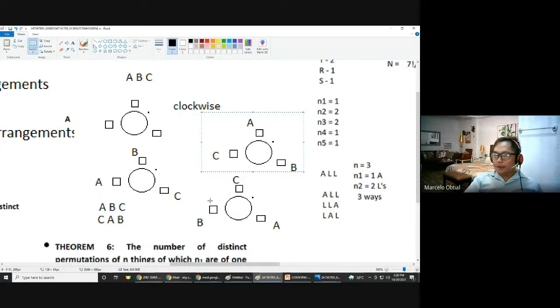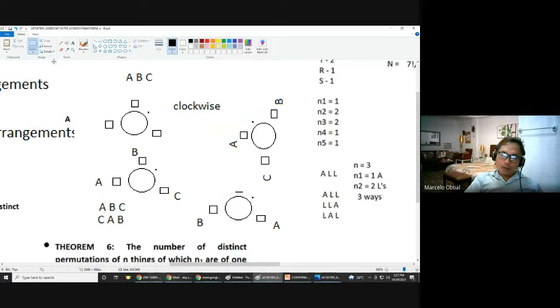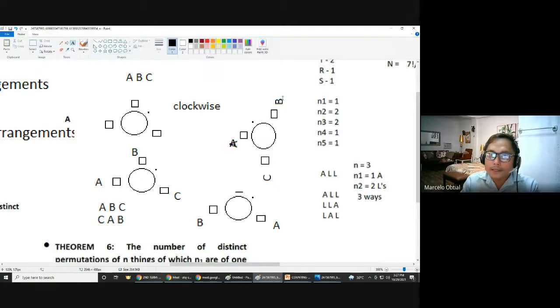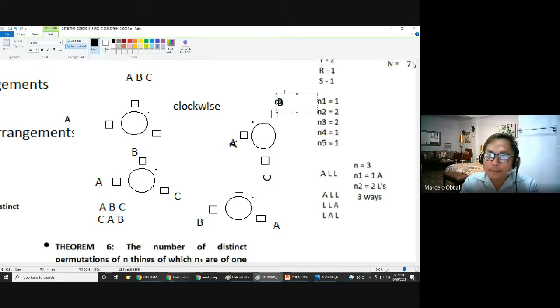Okay, I will help you, Shelo. I will rotate the second arrangement. No? I-rotate ko siya. Okay, ganyan na, no? So it means to say, this will become, okay, i-rotate ko lang yung sinabi mo na arrangement. This is A. This is B. This is C. Okay?